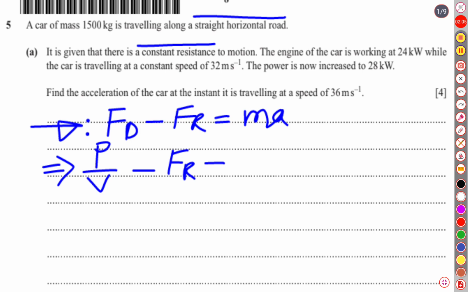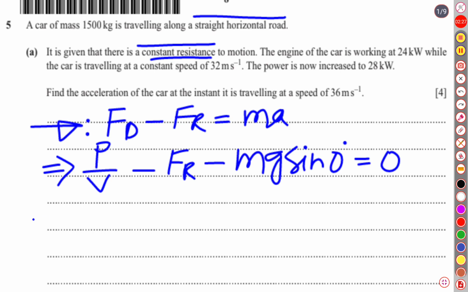Actually we don't ignore it. Let's see what it is: mg sine 0 degree, because this is exactly along the horizontal road. Mg sine 0 degree is equal to mass into acceleration. Look, as it is traveling at a constant speed, there is no acceleration at all.